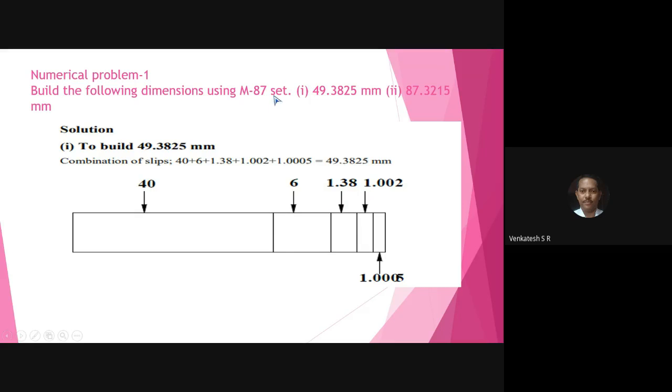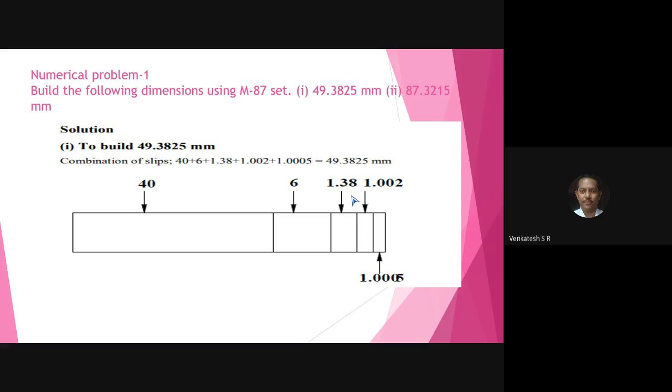Here in the M87 set, 1.005, 1.002 and 1.38 are available. So the first work is to select the fourth decimal place, third decimal place, and first and second decimal place.